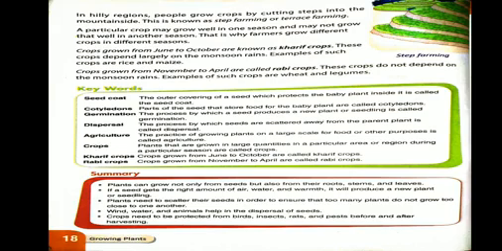Crops grown from June to October are known as Kharif crops, and these crops depend largely on the monsoon rains. Examples of such crops are rice and maize. And crops that are grown from November to April are called Rabi crops, and these crops do not depend on the monsoon rains. Examples of such crops are wheat and legumes.